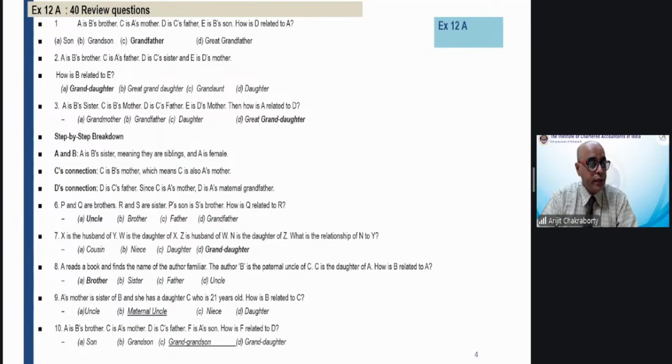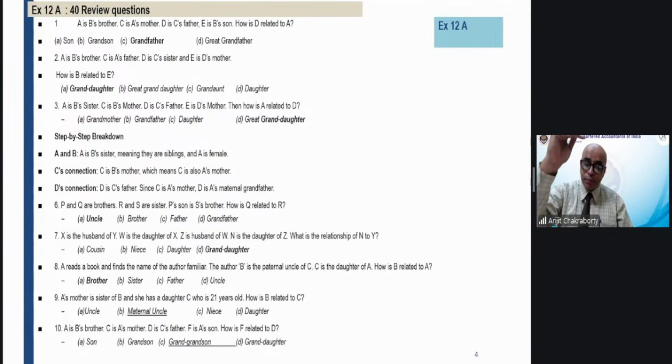D is C's father, which means D is male. The question is, how is F related to D? That means starting from D, what will be the relation which D has with F?